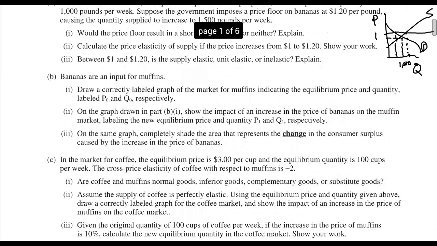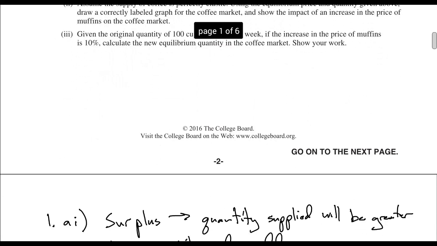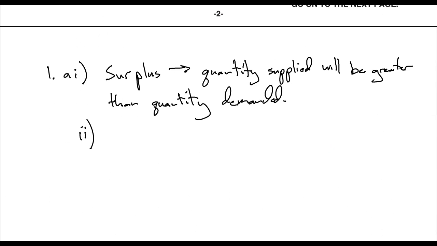Part 2 says, calculate the price elasticity of supply if the price increases from $1 to $1.20 and show my work. Alright, well, elasticity always equals the percent change in quantity over the percent change in price. So I'll first figure out my percent change in quantity.